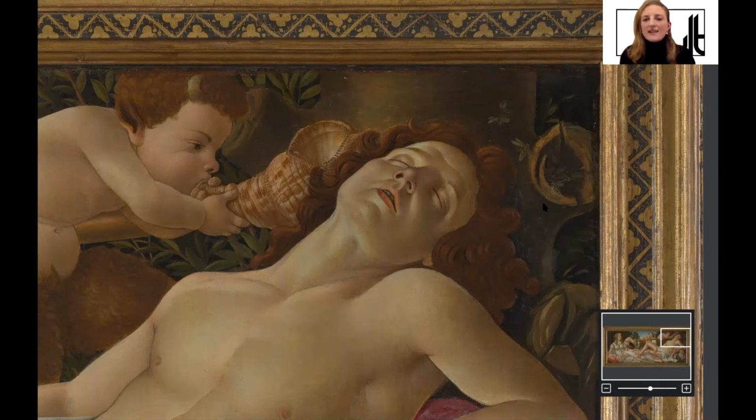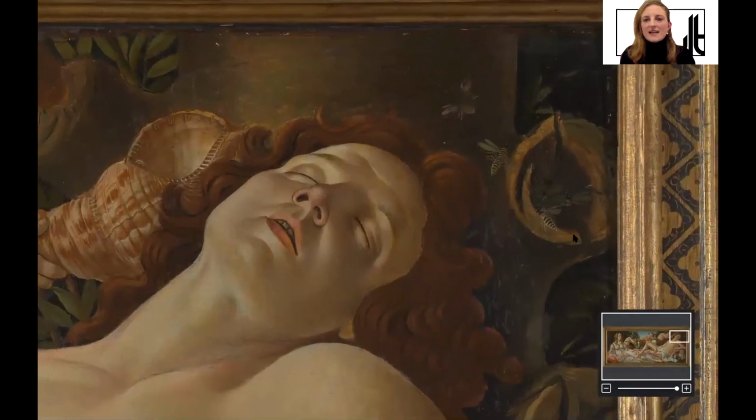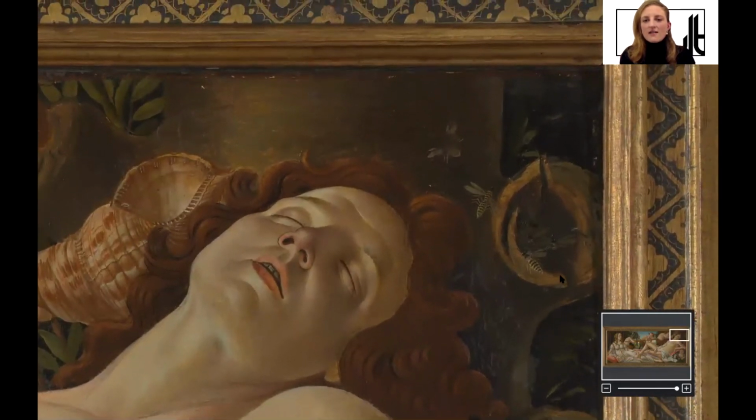On the far right, I want to also draw your attention to these insects. Now, these are, of course, most of our worst insect. This is the wasp, and there are a collection of them, and it looks like their nest has been disturbed by either his head or the noise of his snoring or the conch shell, but they are taking flight and buzzing around Mars's head as well.